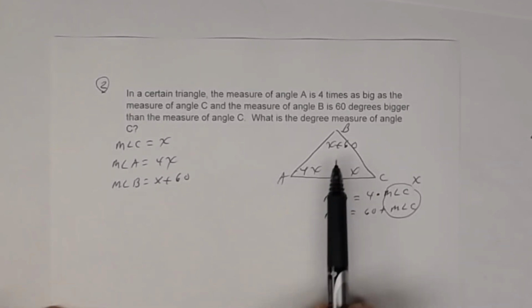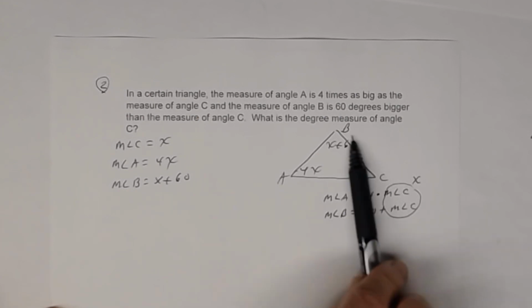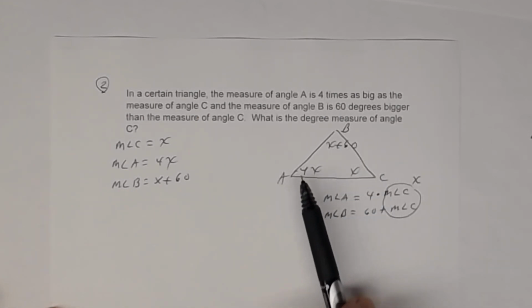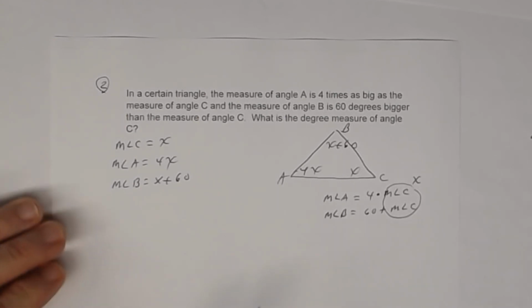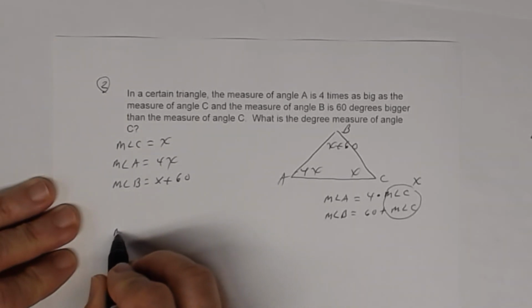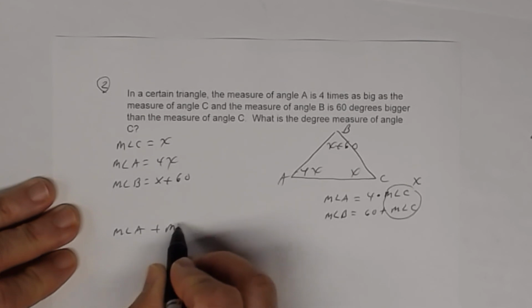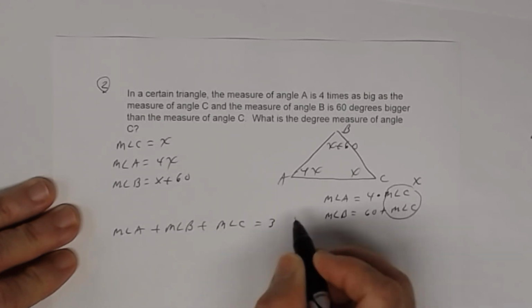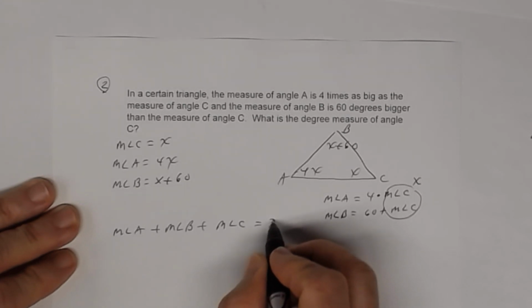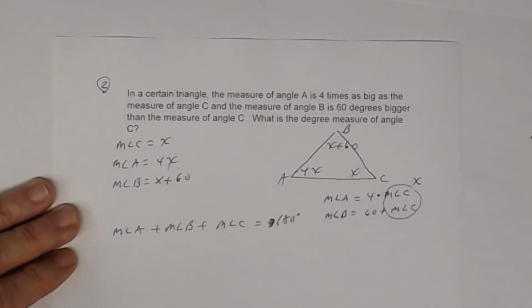What do you know about the sum of all these angle measures of a triangle? So if you add up all the angles of a triangle, what does that equal? That equals 180 degrees, right?